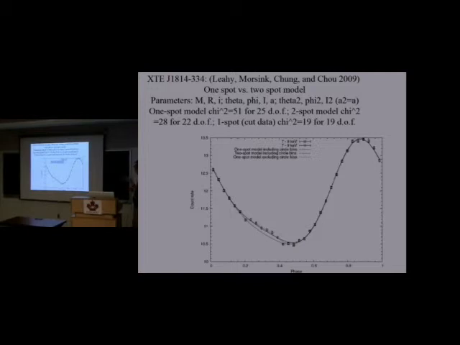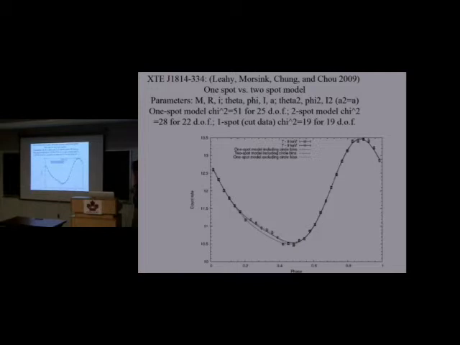All the parameters you need are the mass, the radius of the neutron star, the inclination, which is the angle between the observer and the rotation pole, theta, which is the angle between the rotation pole and the hot spot, phi, which is an arbitrary rotation phase, some intensity parameter, and an asymmetry parameter for the Compton scattering. And then if you have a second spot, you have all these spot parameters for the second spot.